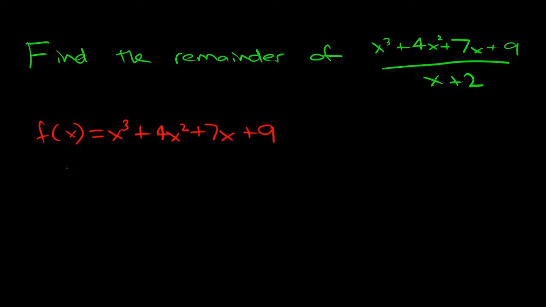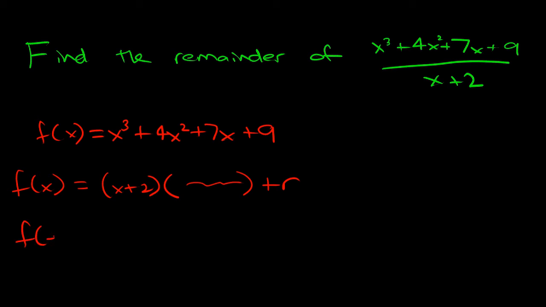So let's write this as remainder theorem again. F of x is equal to x plus 2 times some stuff we don't care about plus r. Okay, well, we'll just plug in negative 2 because we know that f of negative 2 is equal to r.